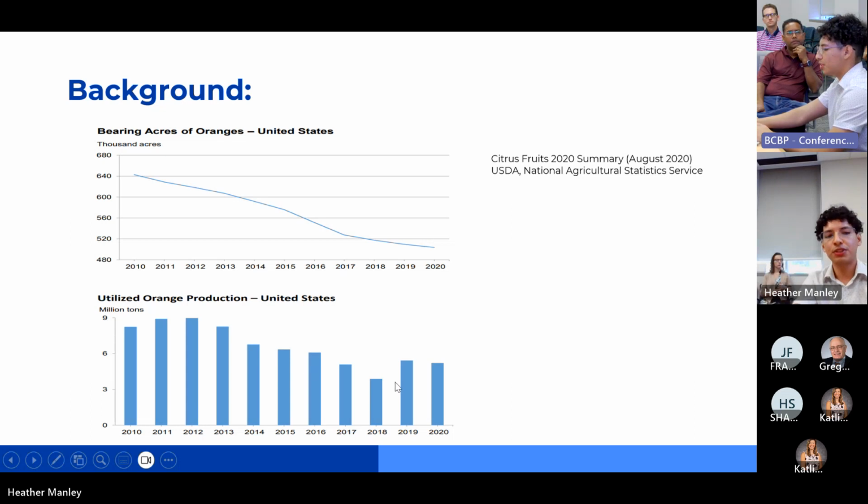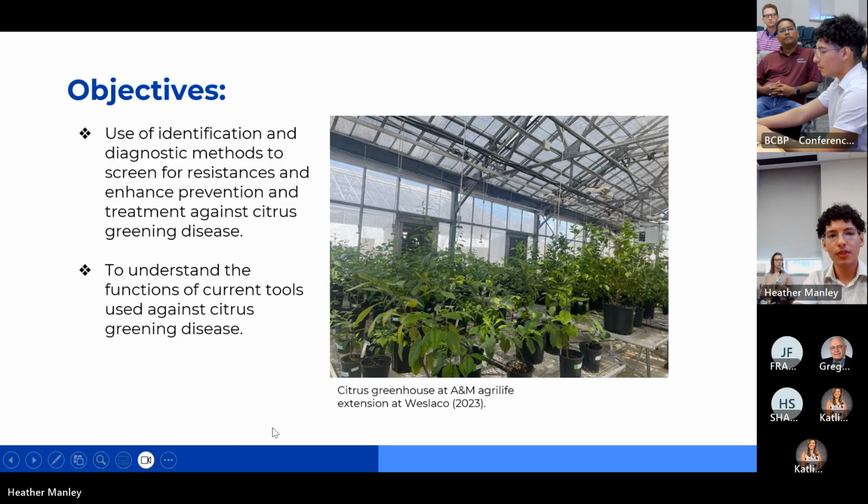Here are the tons that were produced in the United States of orange production, which have also shown a really big decline.